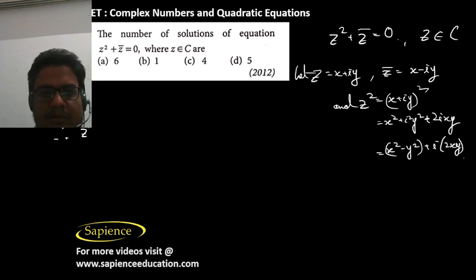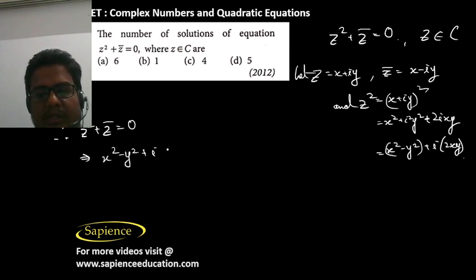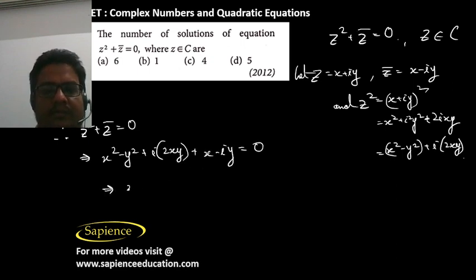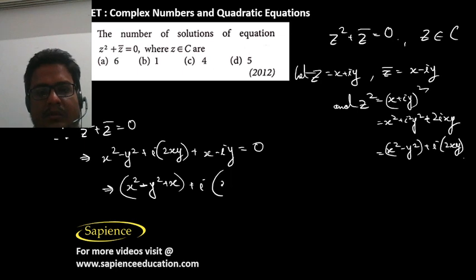So therefore z square plus z bar is equal to 0. So I can say x square minus y square plus i into 2xy plus x minus iy is equal to 0. So therefore x square minus y square plus x plus i into 2xy minus y is equal to 0.